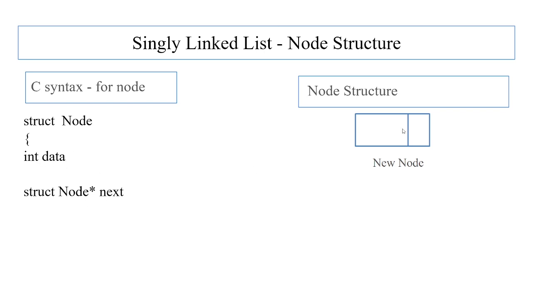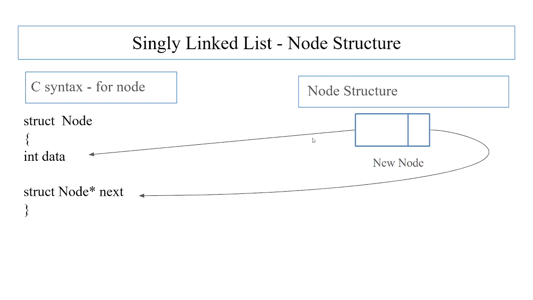Then the reference field points to the other node, so we consider it as a pointer, and the type is node. Now you can see here the first field is connected with the data, and to point to the next node we add the next.